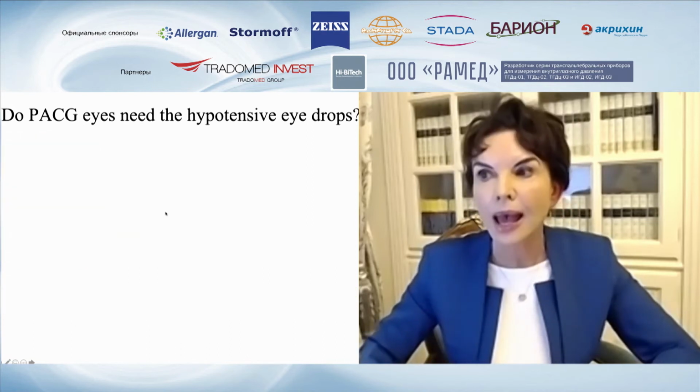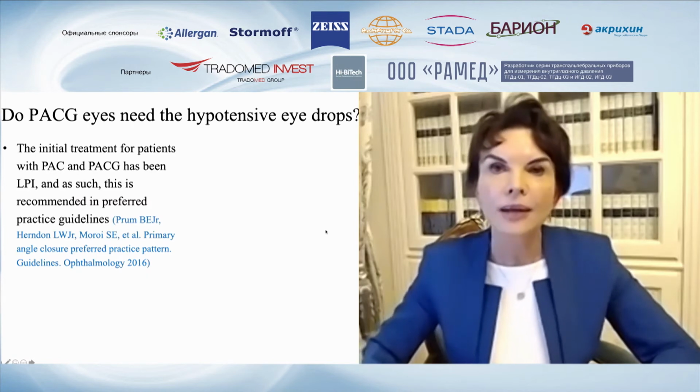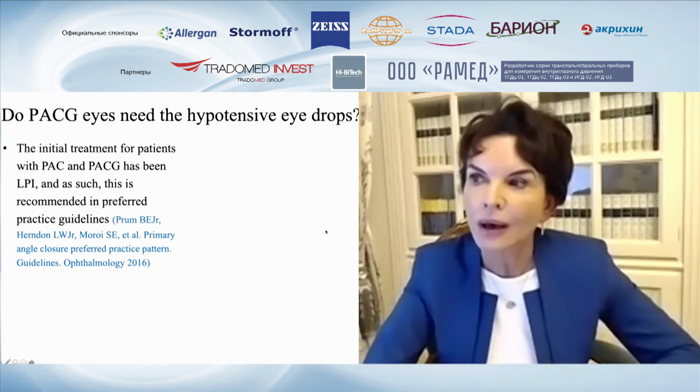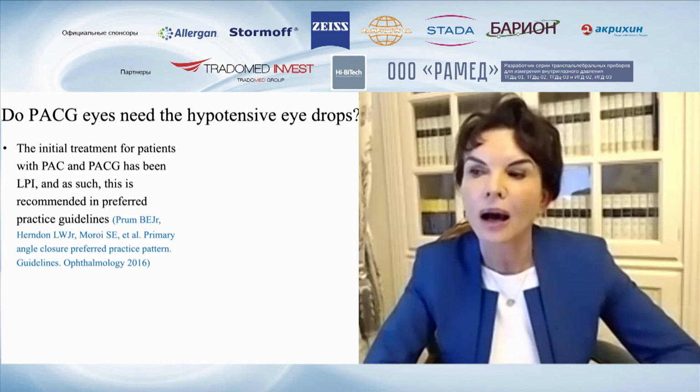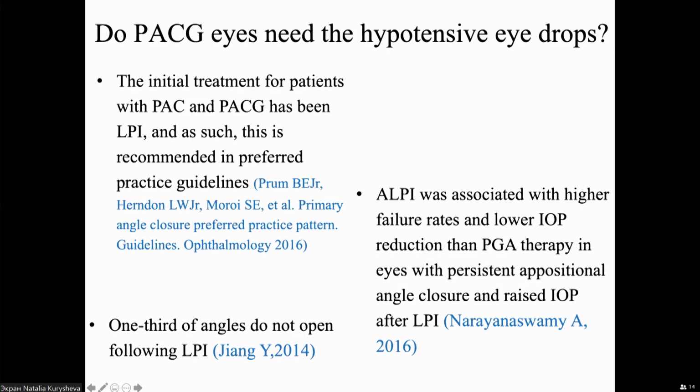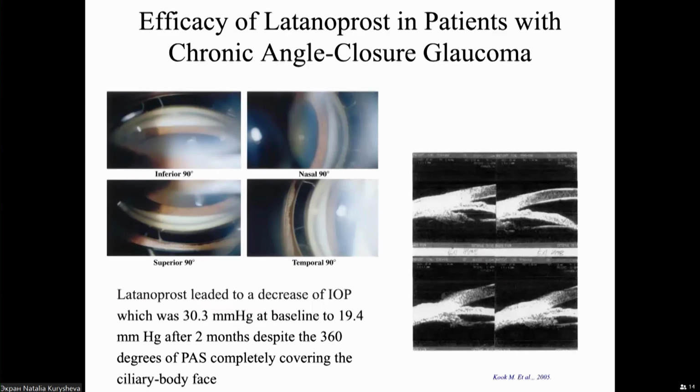And LPI and peripheral iridoplasty are the initial methods for treatment of this condition. However, we know from literature that 1/3 of angles don't open following LPI. And the effect of argon laser peripheral iridoplasty is even less pronounced than that of prostaglandin analogs.